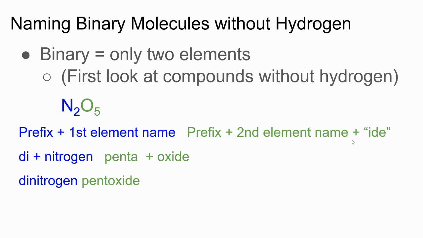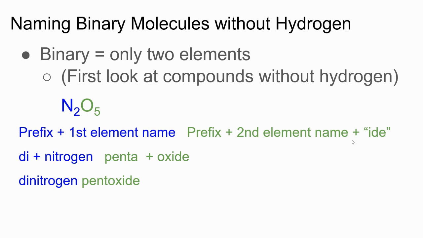So this one here, we use our prefix di because there's 2 nitrogens. The next one I need to figure out, 5 is the prefix penta. And this is oxygen. I changed the second element to ide. So this is dinitrogen pentoxide.